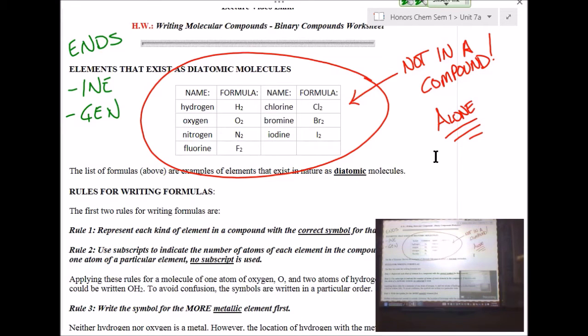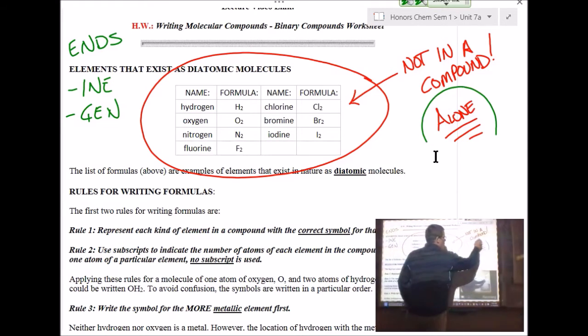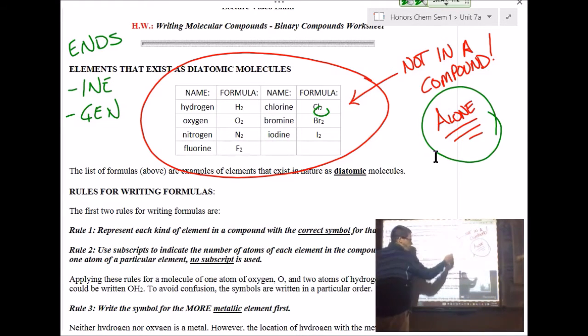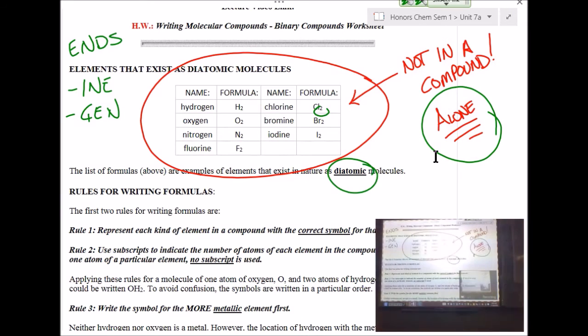If it ends in ine or gen, when it's all by itself, or all alone, it's diatomic. That's what this first blank is dealing with. So diatomic means that like the nitrogen, the hydrogen, the oxygen that's in the air, they're going around with a little buddy. Okay? And it happens to be their twin, so to speak.